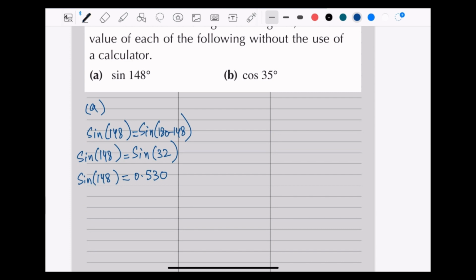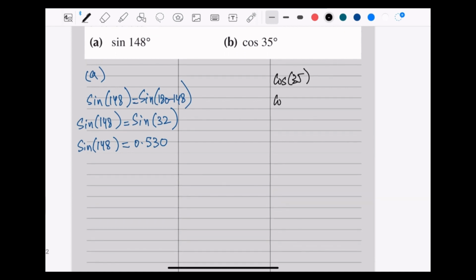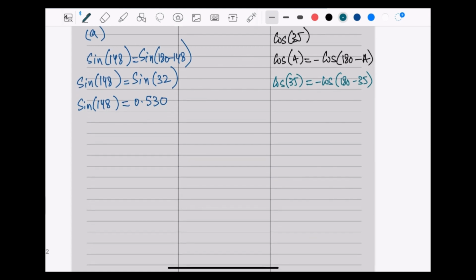Let's check another example here. Cos of 35. So since I know the identity, cos of A equals negative cos of 180 minus A, I can say that cos of 35 can also be written as negative cos of 180 minus 35, because I've taken A as 35.